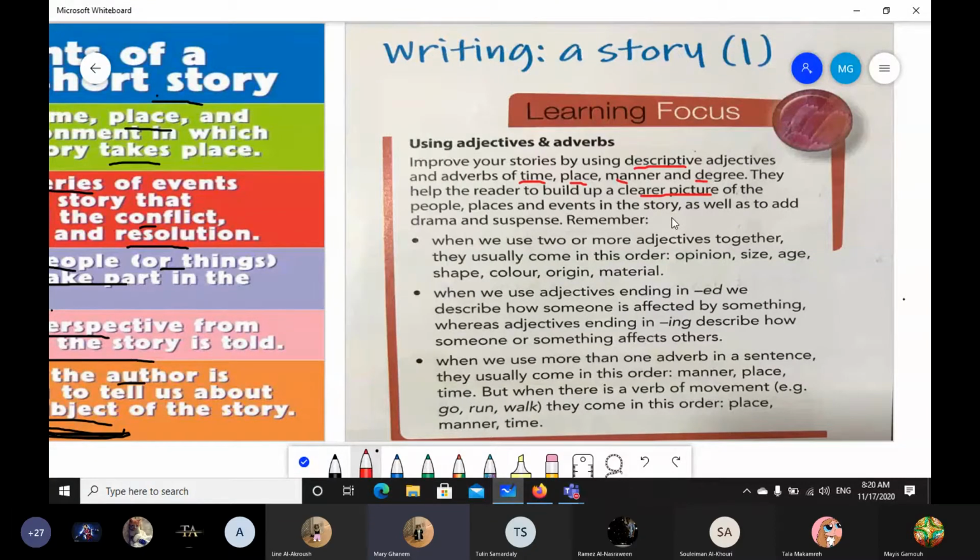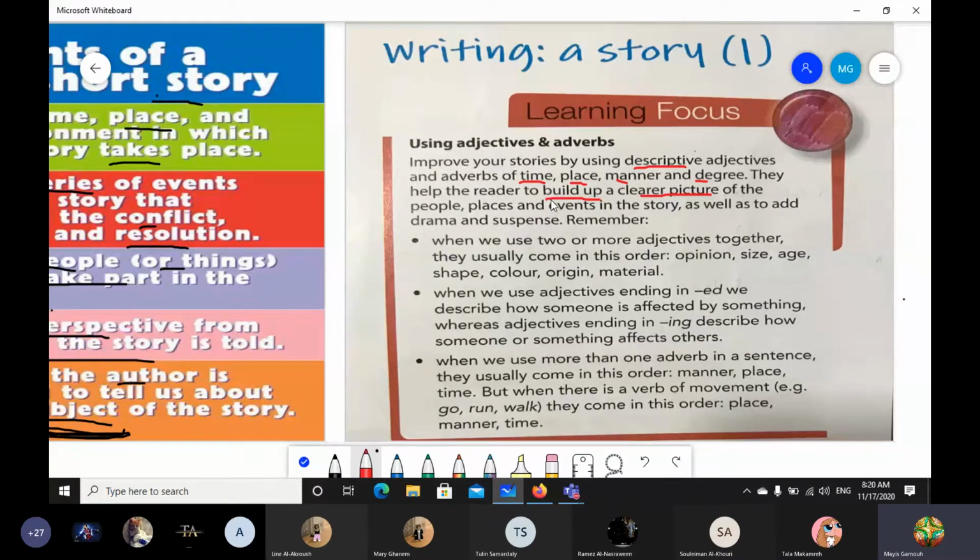Stop here, thank you. So here, as I said before, they help, they assist the reader, the person who reads the story, to build up. Here we have a phrasal verb. Do you remember our lesson regarding use your English, the phrasal verb?